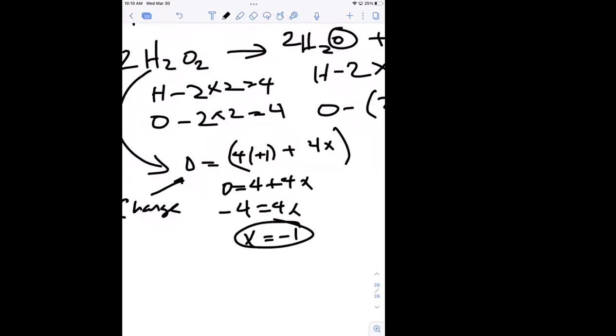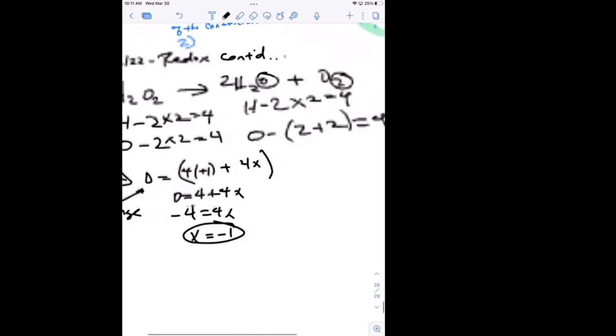All right. So in this case, the oxidation number for each one of those oxygens is -1. Now let's look at oxygen on the other side.